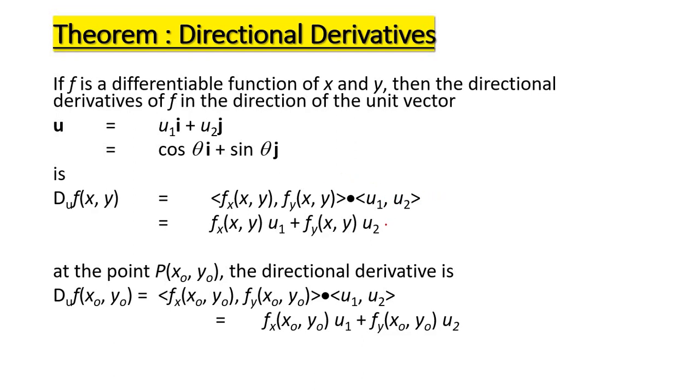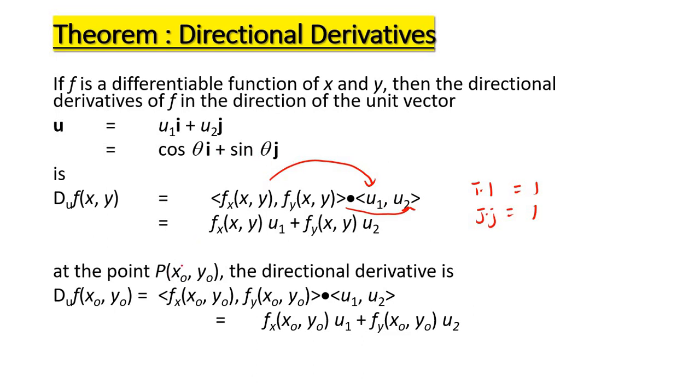Dot product, the result is scalar. You have the component i multiplied with i, and then i dot i is 1, j dot j is equal to 1. That's why the result of the dot product is fx multiplied with u1 plus fy multiplied with u2. The unit vector u is u1 i plus u2 j, or cos theta i plus sin theta j.